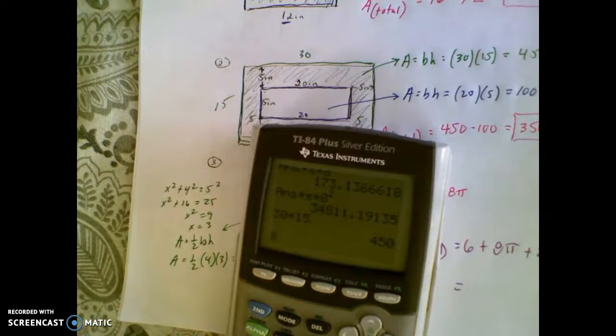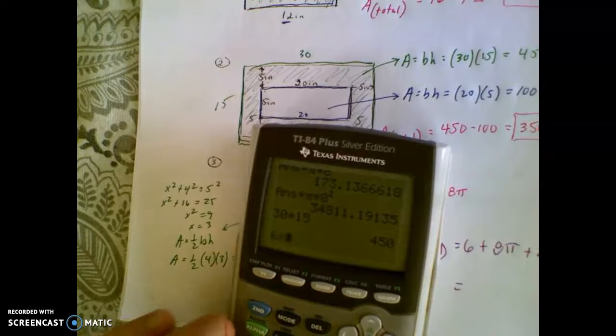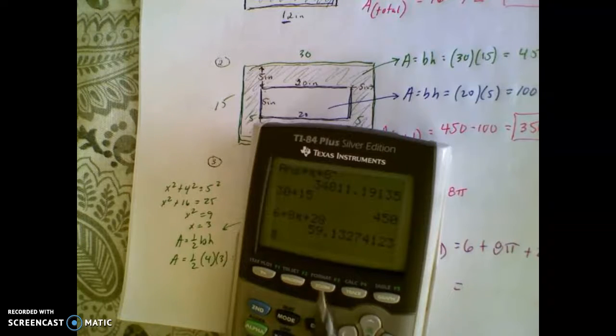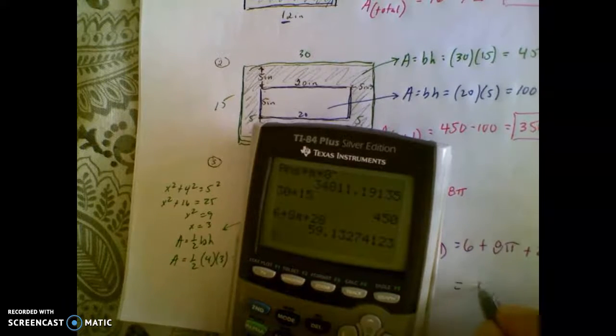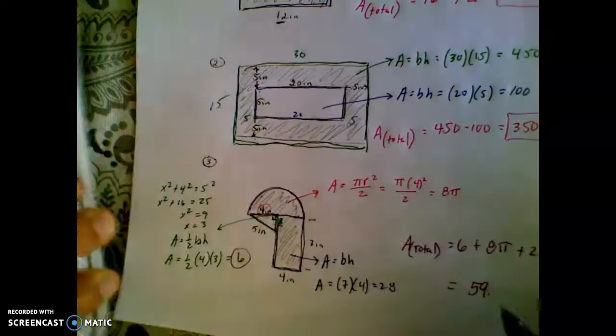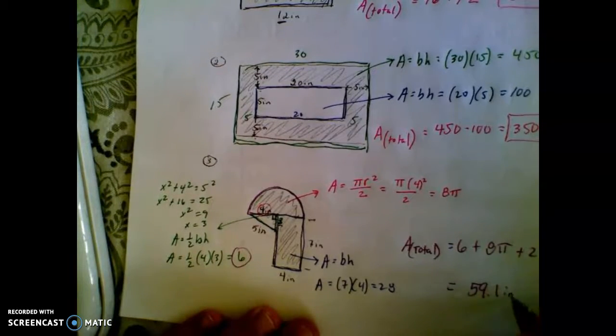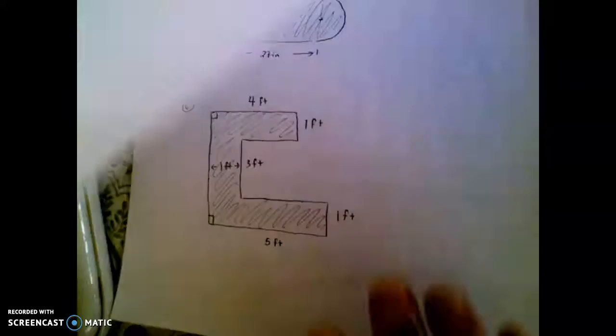And then I have to just use my calculator at that point. 6 plus 8 pi plus 28. And you see 59.1. So it's 59.1 inches squared. So that was 3 different shapes I had to add up on that one.